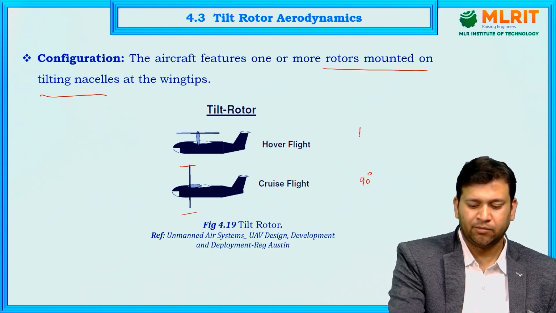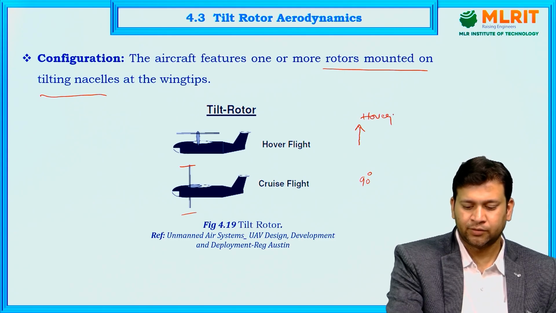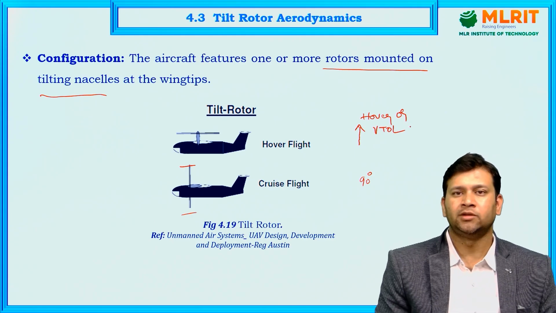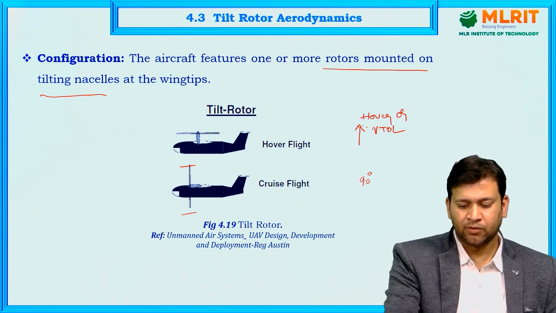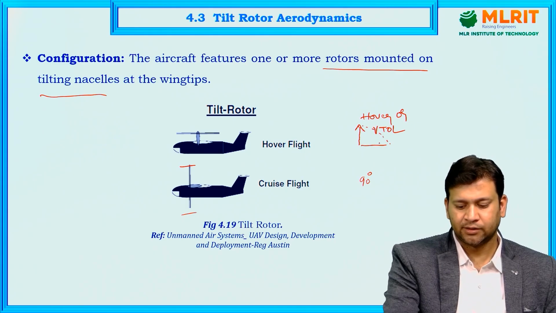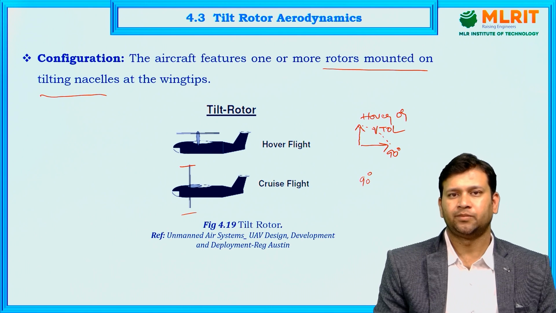So, it is like a limb. Initially, it is like this for hover or vertical takeoff. Then slowly, once the altitude is gained, this will tilt down 90 degrees so that it cruises in level flight.